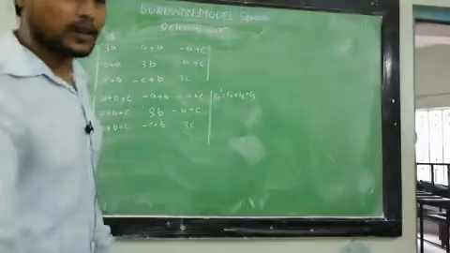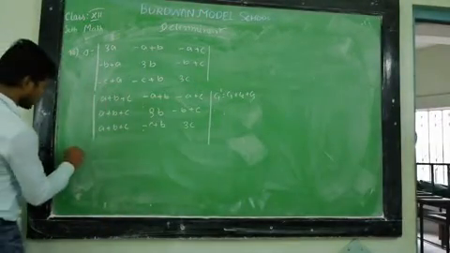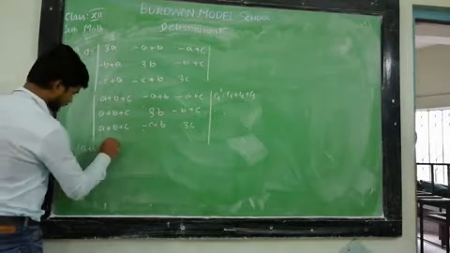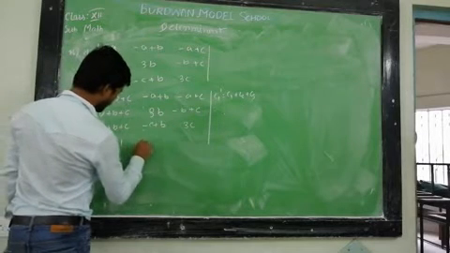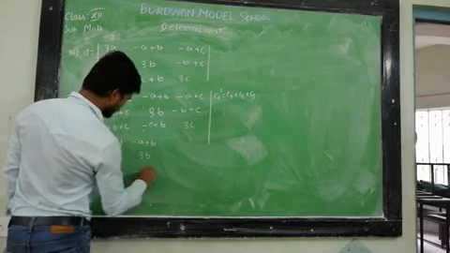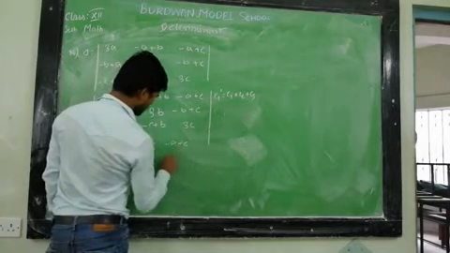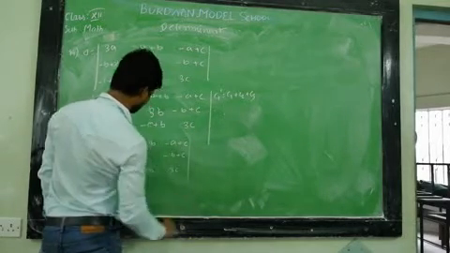Now take a plus b plus c common from the first column. Then we have a plus b plus c times 1, 1, 1; minus a plus b, 3b, minus c plus b; minus a plus c, minus of b plus c, 3c.